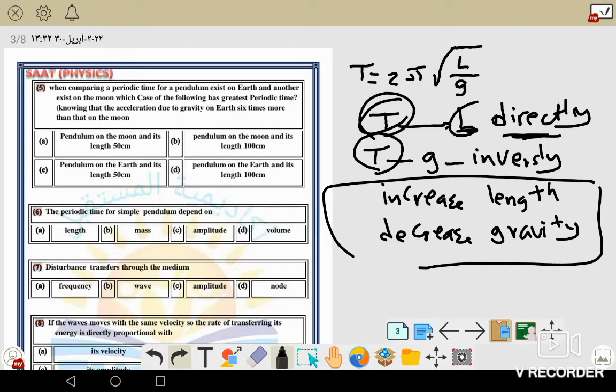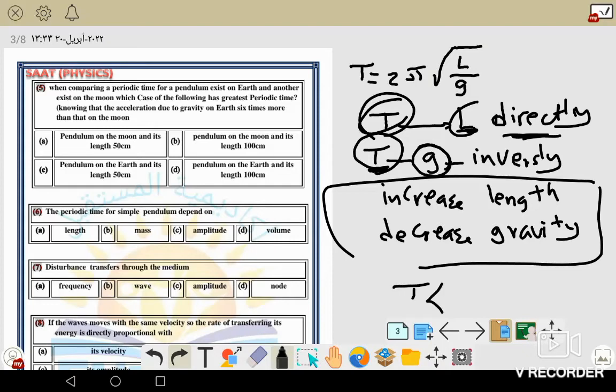The relation between T and g is inverse: by decreasing gravity, time increases. Here he said that the gravity on the Moon is less than on Earth. So time on the Moon will be higher than on Earth. And if the length on the Moon is higher than the length on Earth, the time on the Moon will increase.